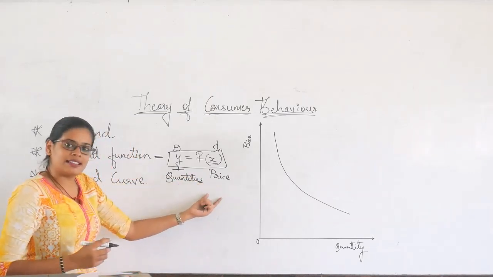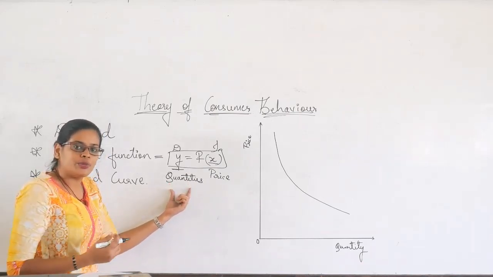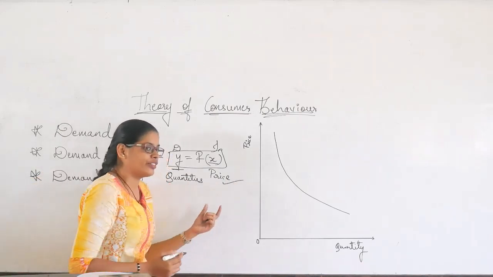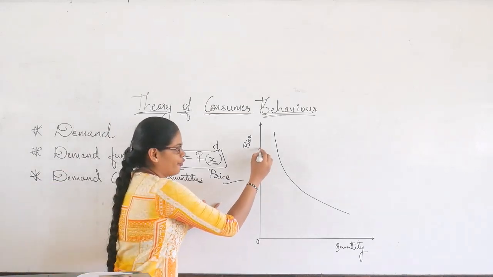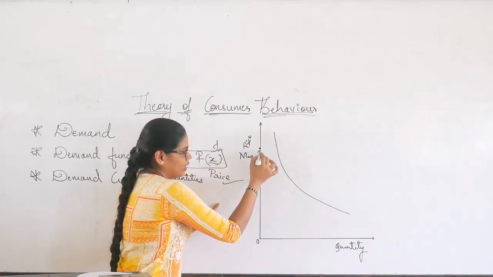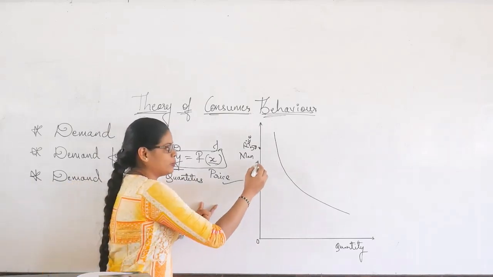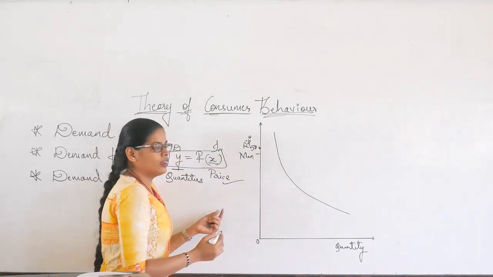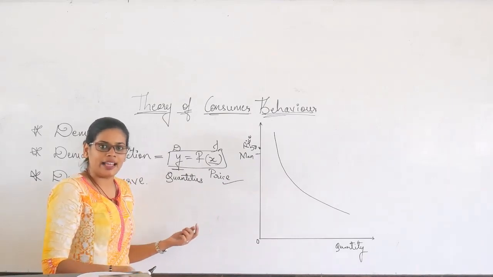As we discussed earlier, the behavior of the consumer changes according to the price of the commodity. For example, if the price of, let's say, a mango is 50 rupees and his budget is somewhere below 50 rupees, is he going to buy that mango?